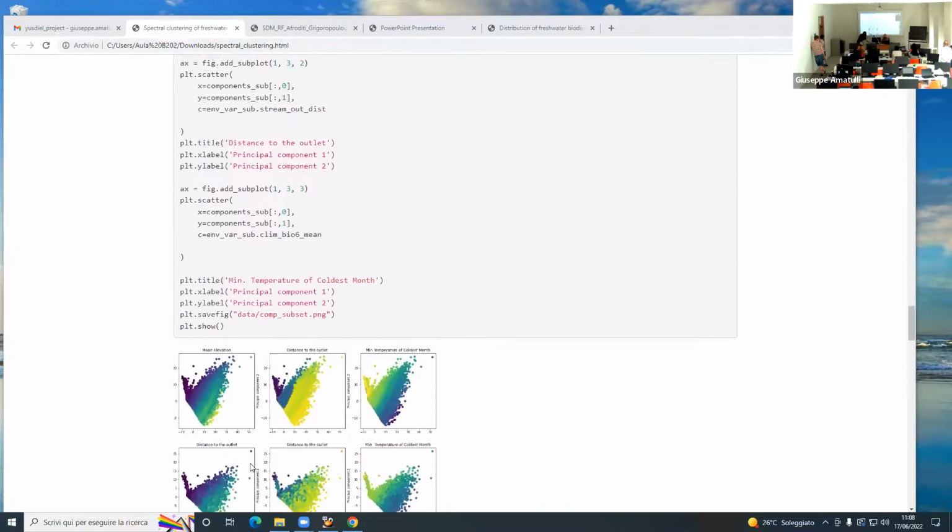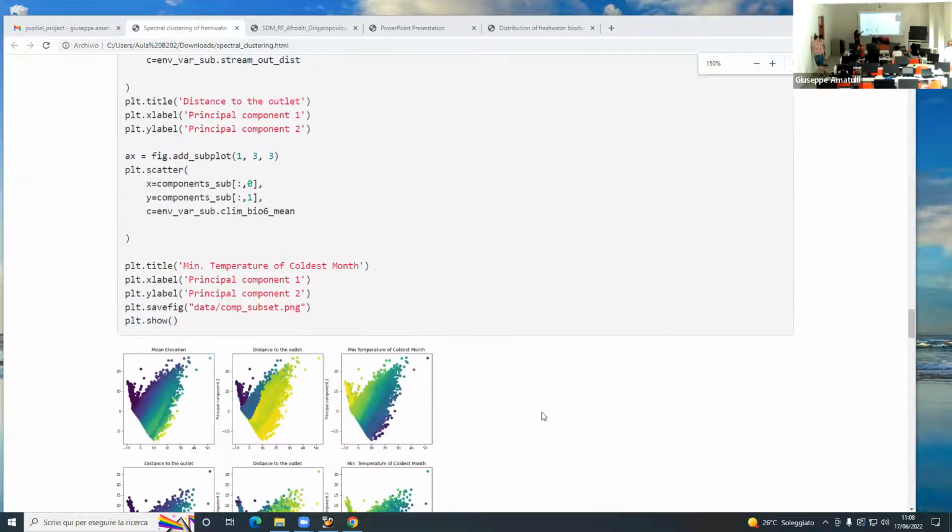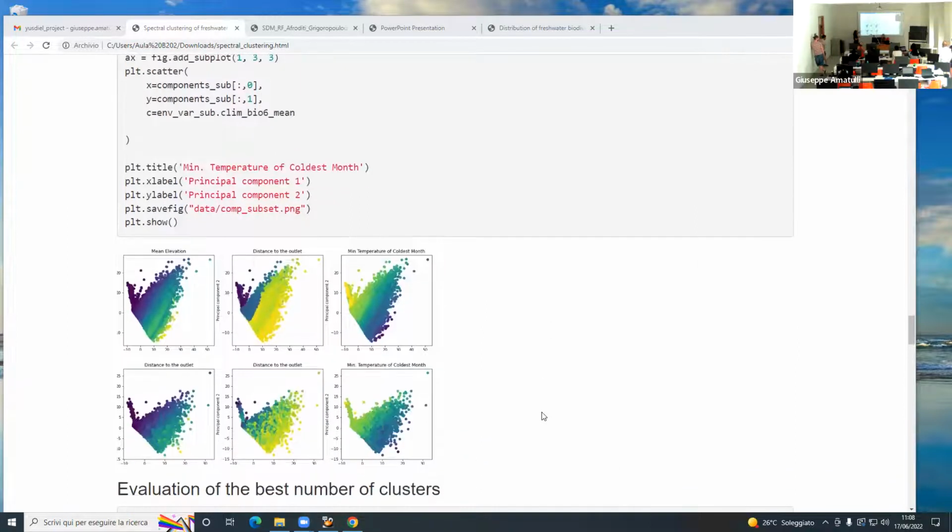So I plotted the first and the second principal component to look at my data, and here the color is representing different variables. Above you have my whole data set, and below you have the subset.